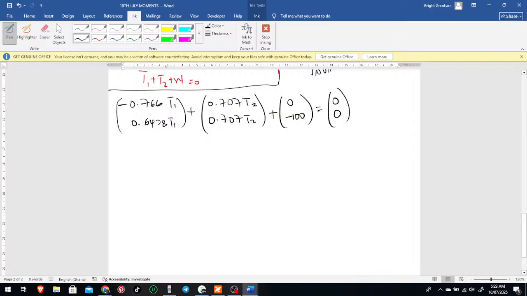So negative 0.766 T1. Let's move it to the other side rather. Yes. So that becomes positive.